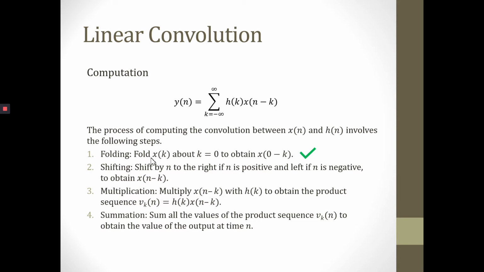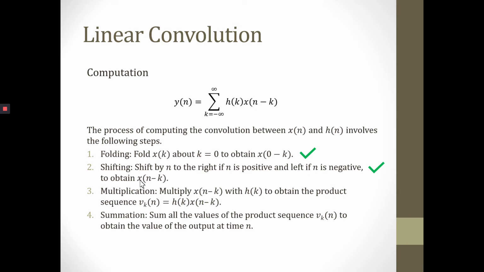After we fold the signal x, we have to do shifting. We will shift by n to the right. It depends on the value of n. If n is positive, let's say x[2 minus k], we will shift the x signal to the right by 2, since 2 is positive.